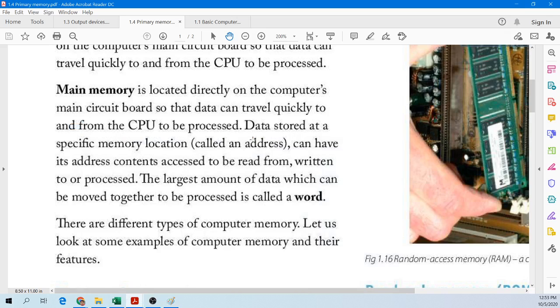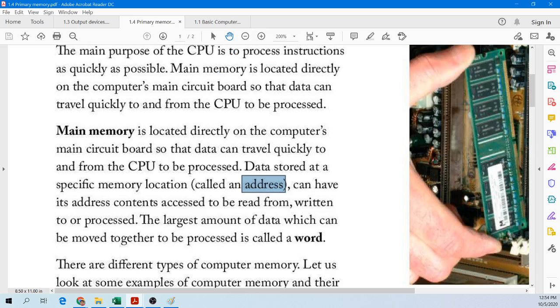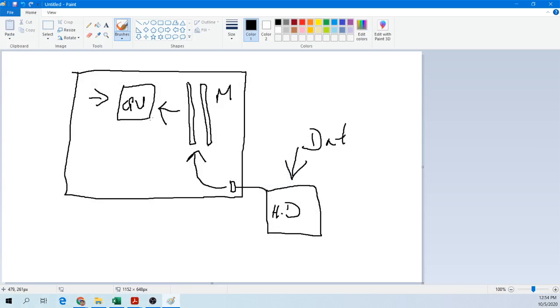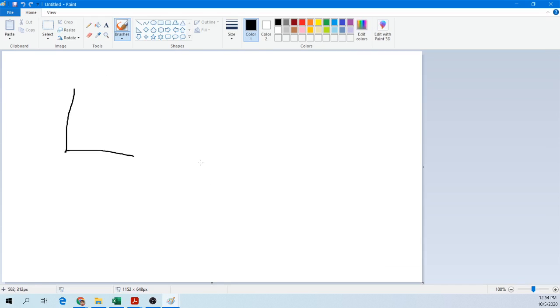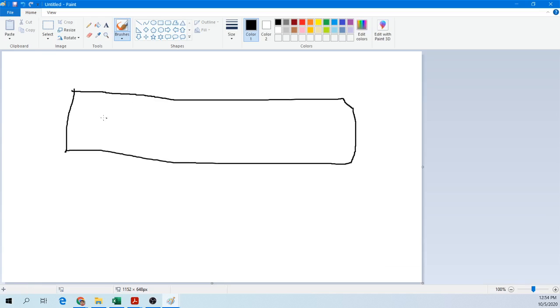Now, a term that you should remember is the term address. If you look on the right here, this image with this green stick, that is the memory. Imagine now that this is the memory, and the memory has chips that store the information, and wherever that information is stored is called an address.